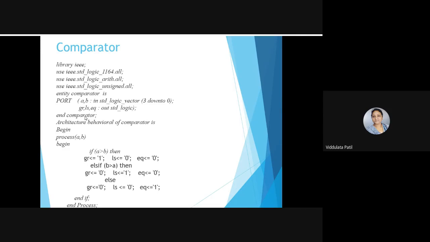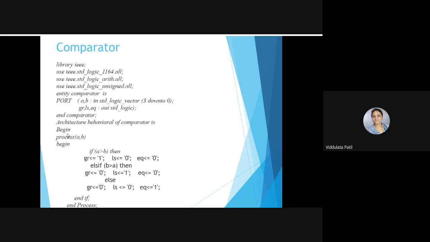Here, architecture behavioral of comparator is, and then we start to write the architecture with the keyword begin. As we want all these expressions to be executed sequentially, we write a process inside this architecture.